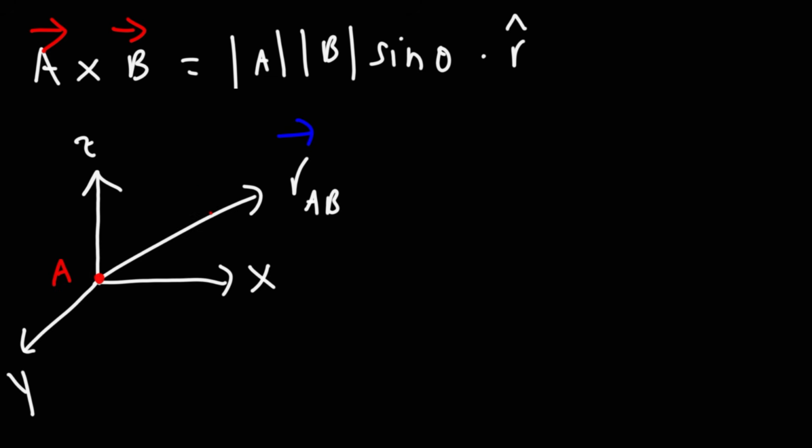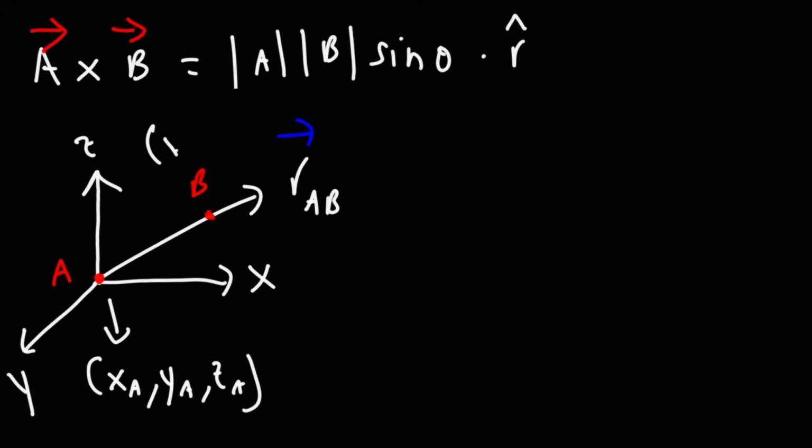It could be a point other than the origin, but typically it's the origin. And B is some other point. So going from A to B, we can get the position vector. Point A has the coordinates XA, YA, ZA, and point B has the coordinates XB, YB, ZB.